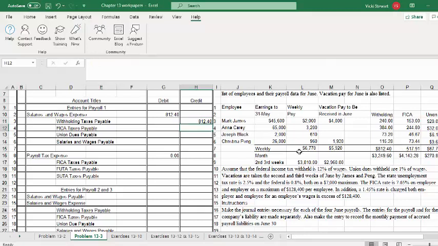The total FICA withheld is $517.91, and the union dues are $67.70.